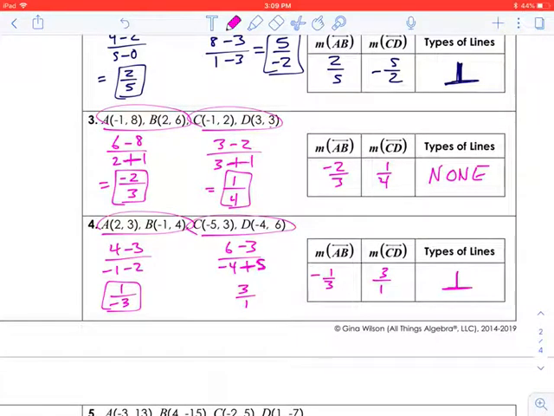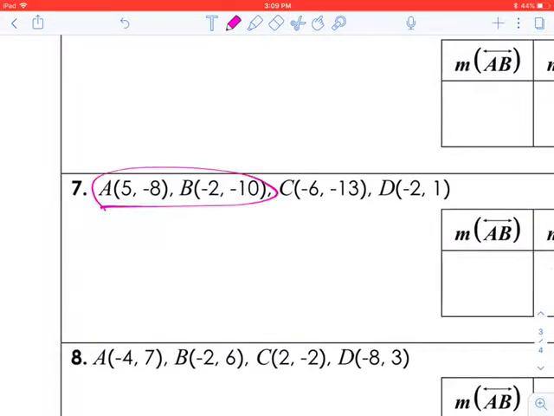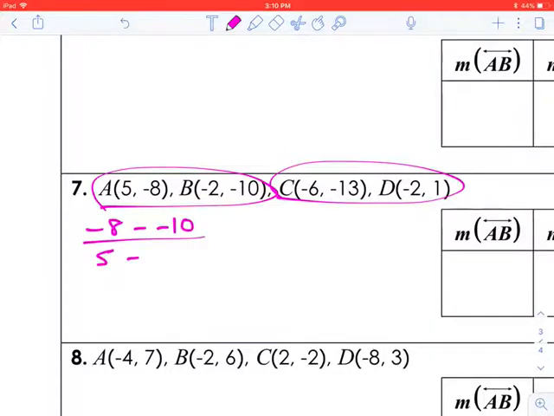There's probably one on the back I wanted to talk about. Yeah, look at number 7. So number 7 is just a little different because it tricks people sometimes. So negative 8 minus negative 10 over 5 minus negative 2. So this is all normal. So 2 over 7, boom. So 2/7.